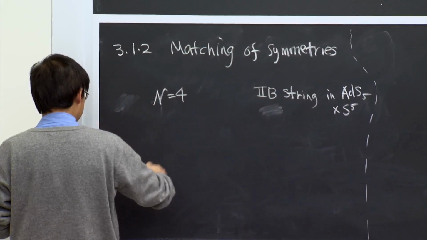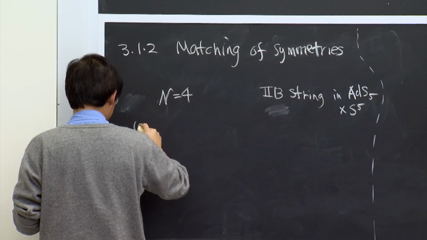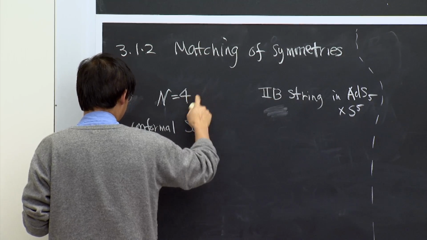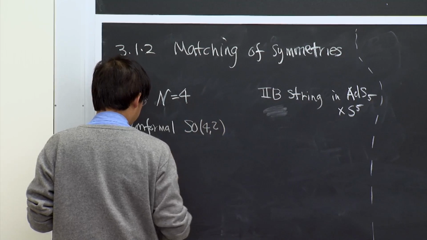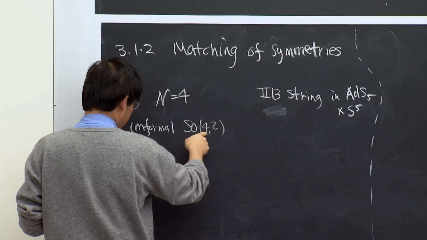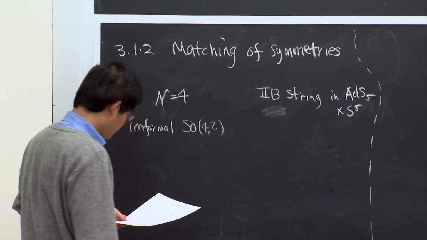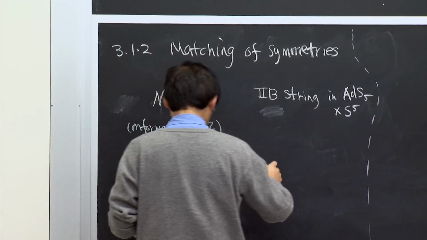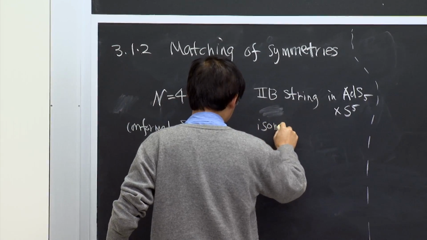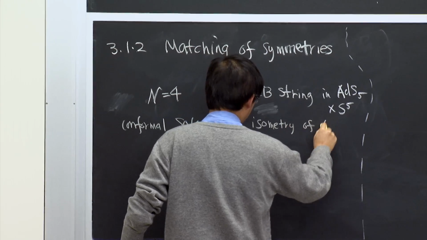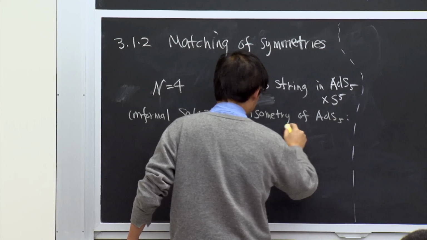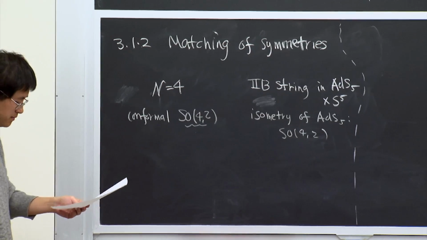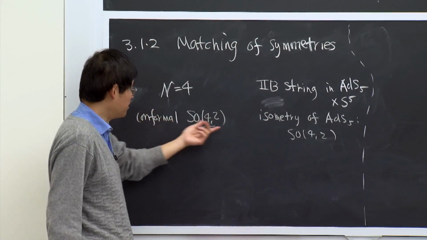On this side there is a conformal symmetry, which we explained before because this is a 4-dimensional theory. The conformal symmetry of a d-dimensional theory is SO(d,2). And on this side there is precisely the same group, which is the isometry of AdS5, which is also precisely SO(4,2), which we reviewed before. You can write down the transformations on both sides.